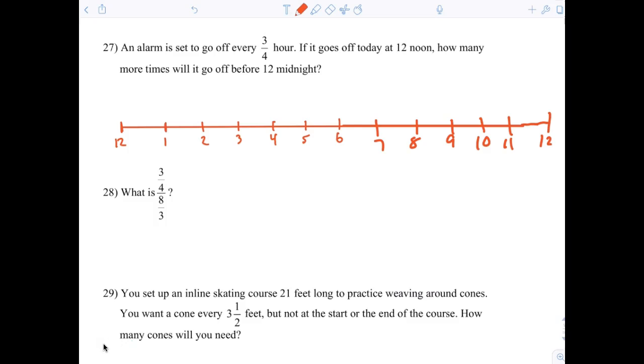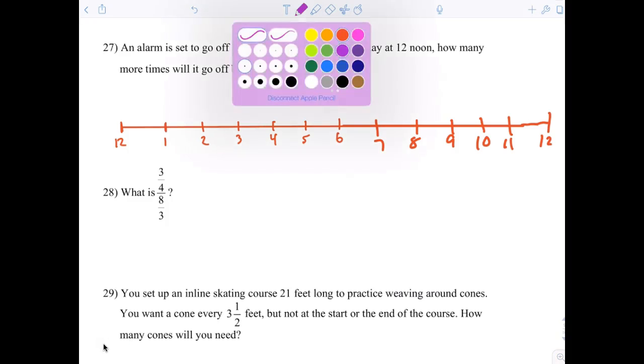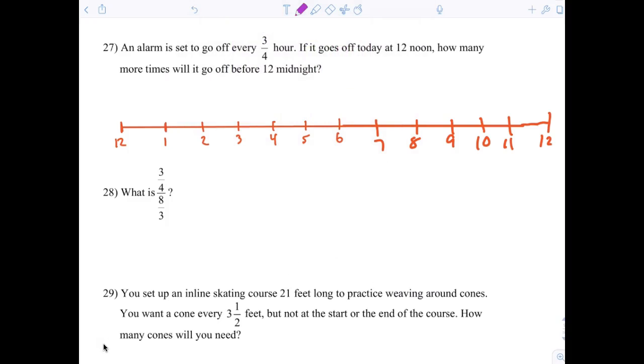Right? Now, the alarm goes off every what? 3/4 of an hour. And I mean this when I'm saying, I think you're lazy if you didn't get this right. So it goes off what? Once. You agree? So now that's at 12:45, right?